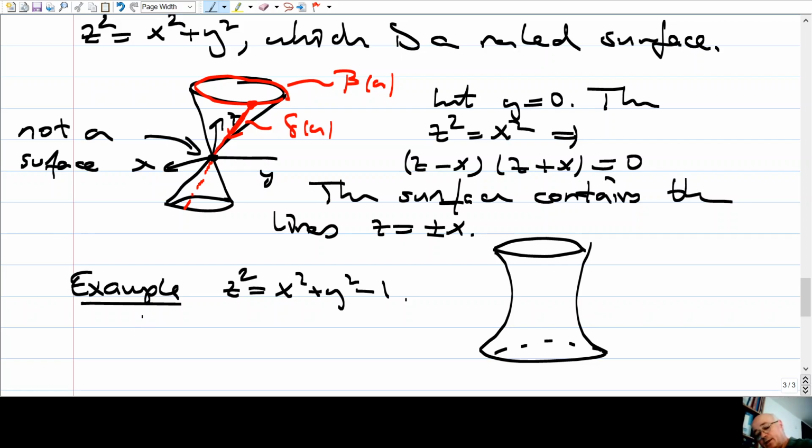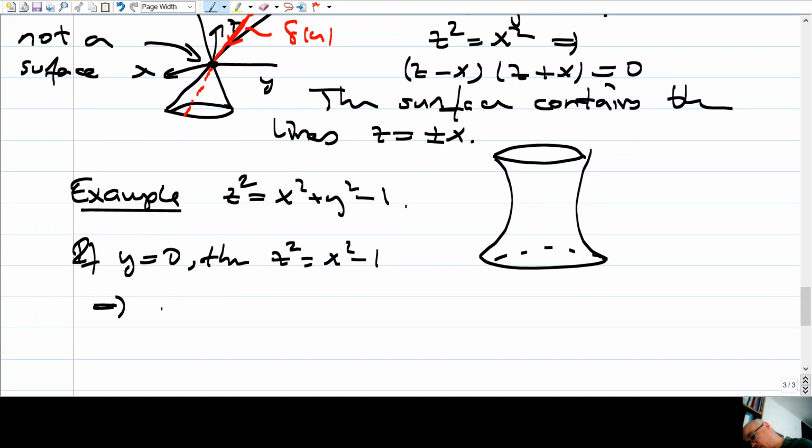Here, if you let, for example, y equals 0, then we get this.